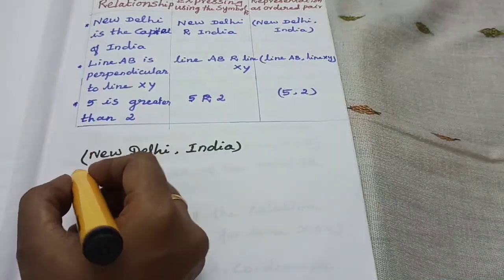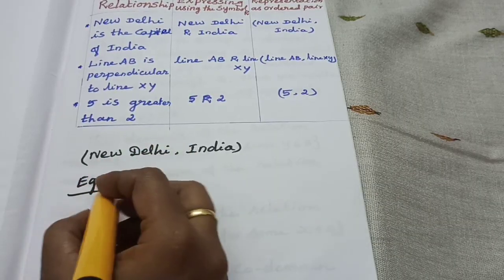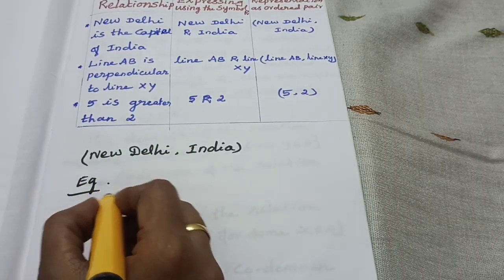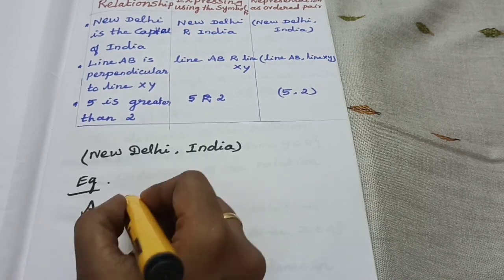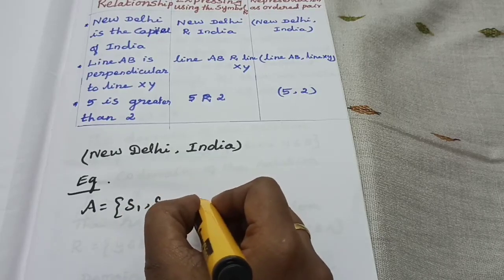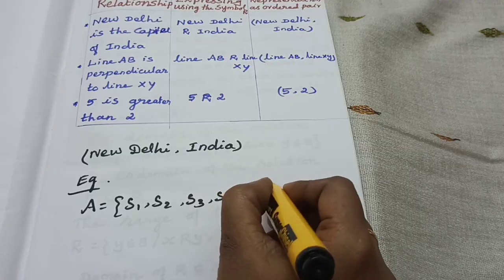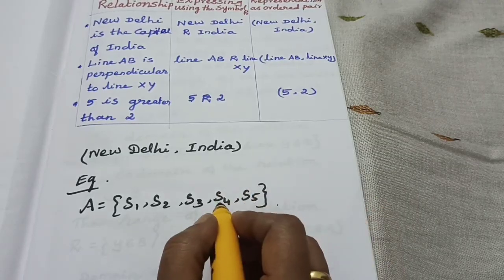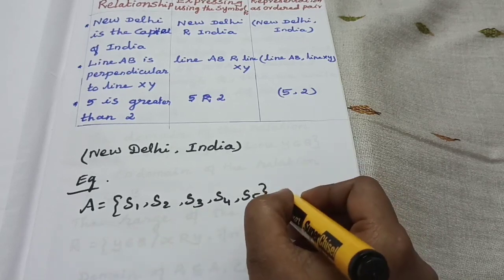For example, I am going to take some students in set A, that is S1, S2, S3, S4, S5, and their corresponding student heights I am also going to give.